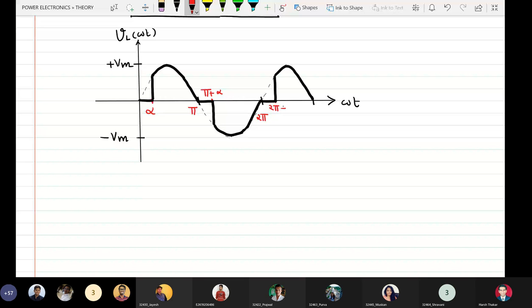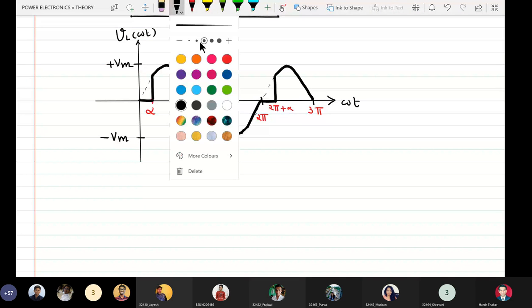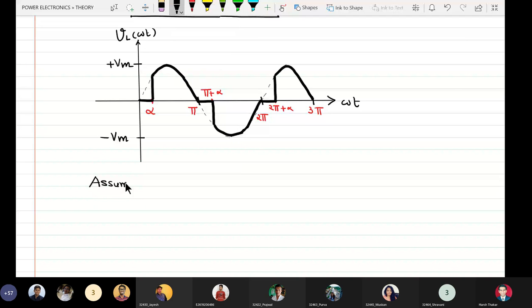So now, if we assume that both the SCRs, T1 and T2, are exactly identical.